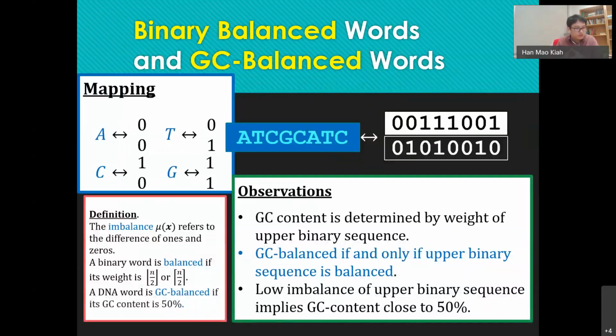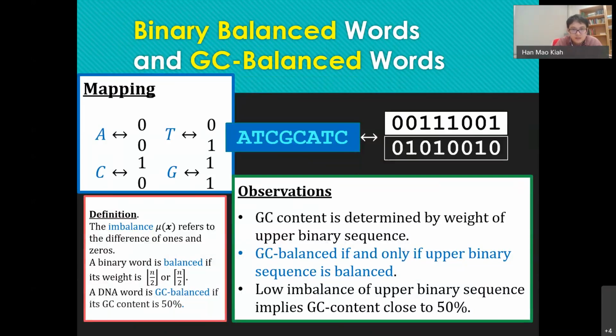So what's the relationship between balanced binary words and GC balance? Well, we have this simple correspondence over here. To understand this, we require a mapping between A, T, C, and G to 2-bit pairs. Given a DNA sequence, I'm going to map it into 2 binary sequences and place them on top of each other.